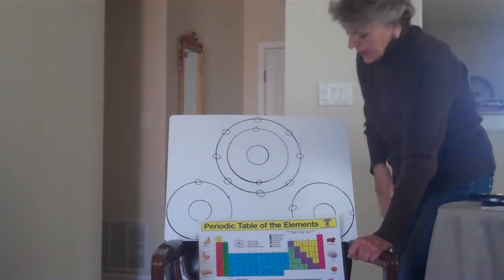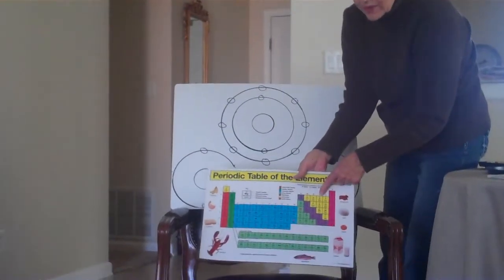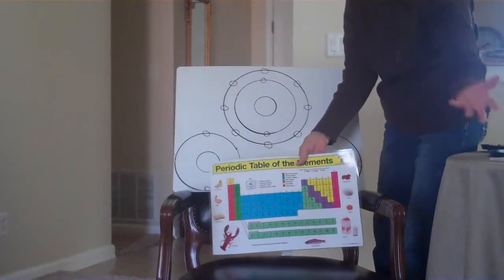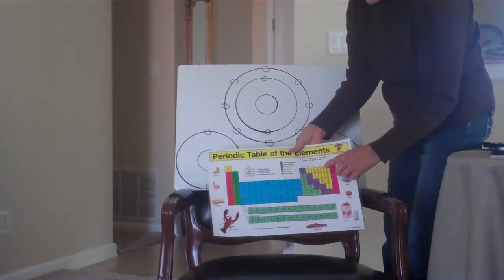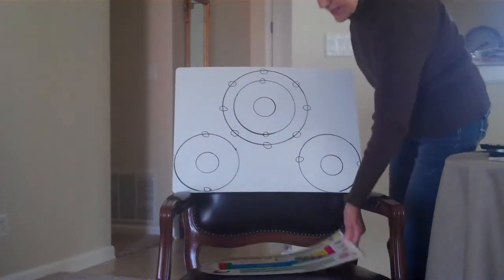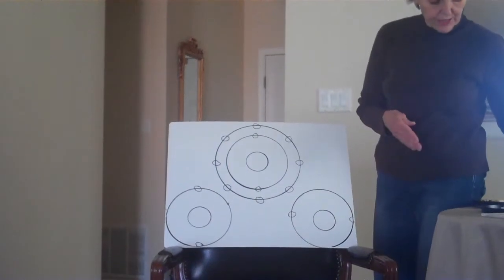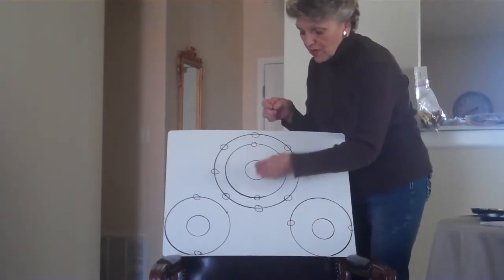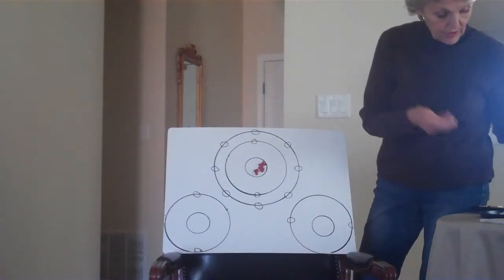All right? And I'm going to start with number 8 on the periodic chart, and you don't have to get close up, but if you have a periodic chart at home and you want to use it, feel free. This number 8 tells me, and I'm going to lay this down so you can see all of this on my board, that I have 8 positive protons in the nucleus of my atom.